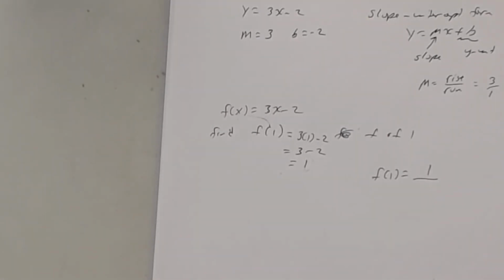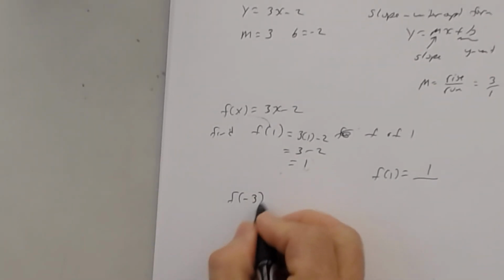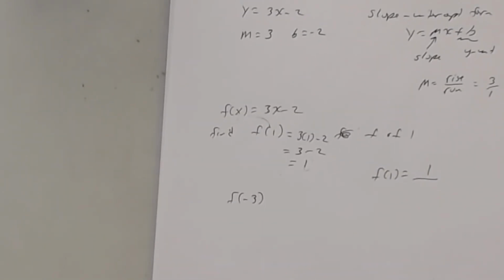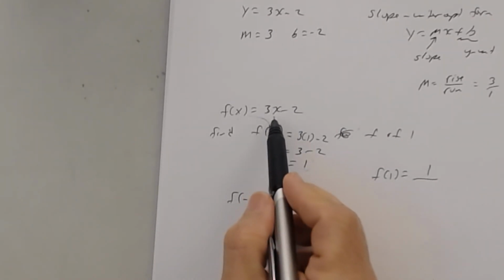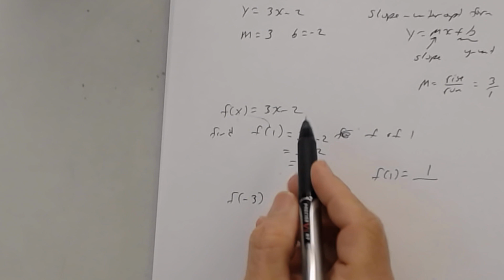So if we want to find f of negative 3, let's say, negative 3 is taking the place of what letter? X. So I want to find that y value. When x is negative 3, what is that y value? Wherever I see the variable x, I plug in negative 3.